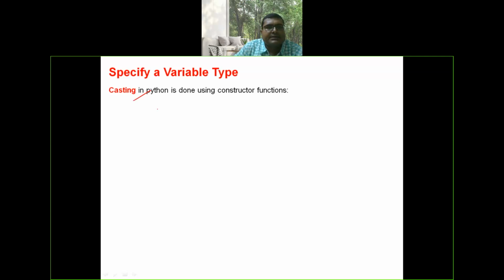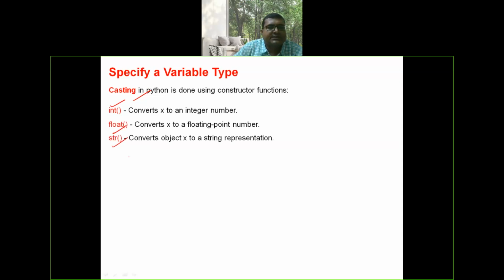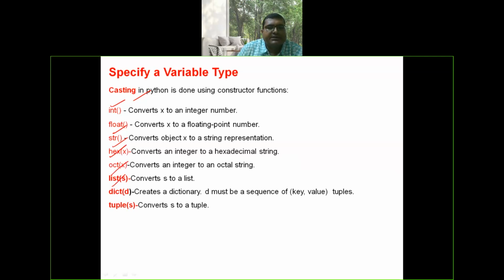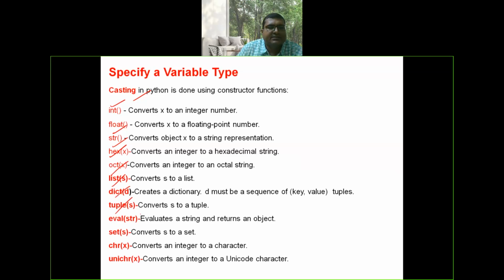Casting can be done with the help of constructor functions. int converts x to an integer, float converts x to a float, str converts an object x to a string representation, hex, oct, and then conversions to list, dictionary, tuple. eval evaluates a string and returns an object, set converts variable s to a set, chr converts an integer to a character, unichr converts an integer to a Unicode character.